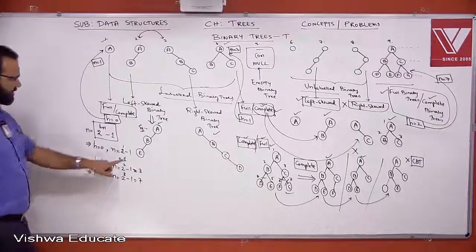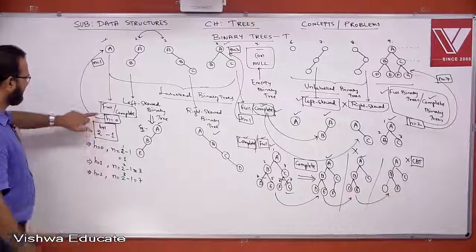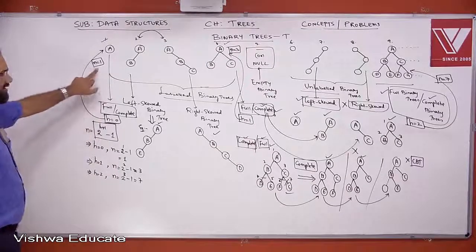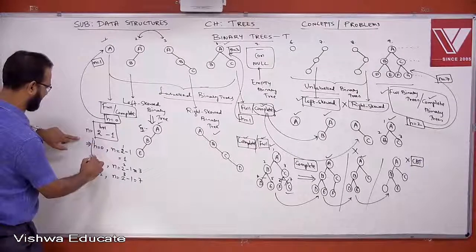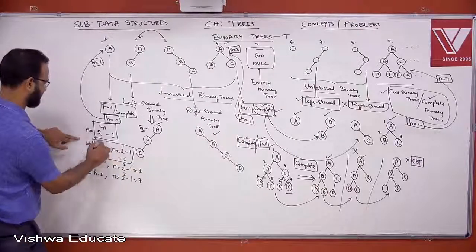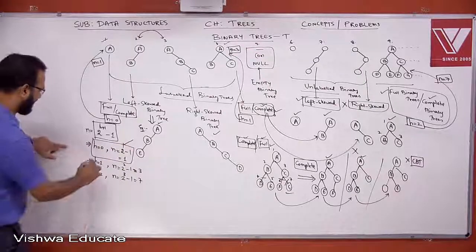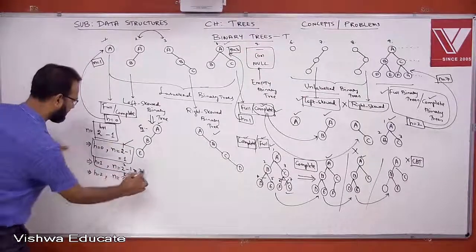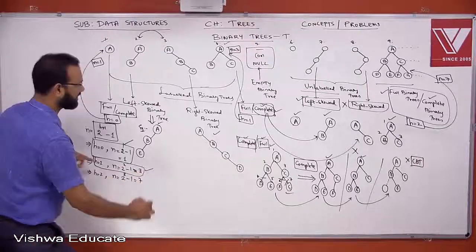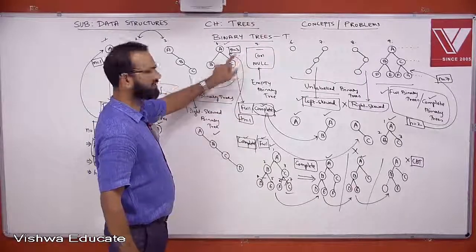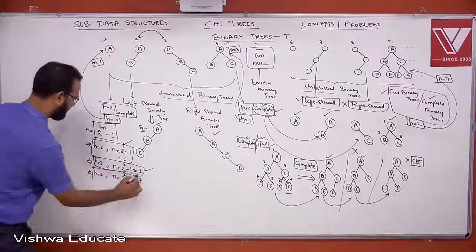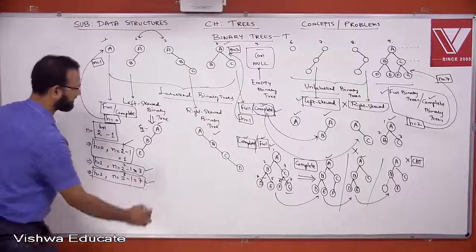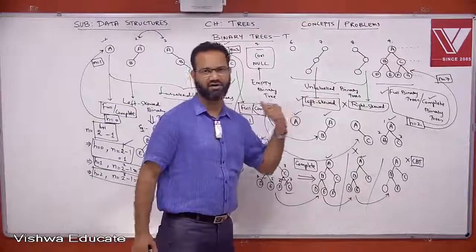It's satisfying this condition. Whenever height is 0, the number of nodes is 1. When height is 1, the number of nodes is 3. When height is 2, the number of nodes is 7. Yes, it satisfies for all.